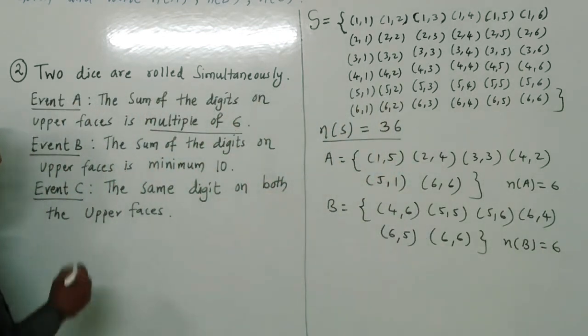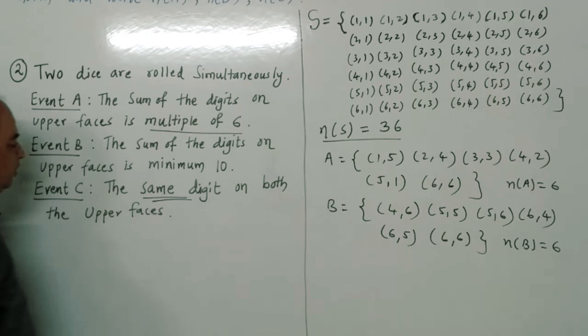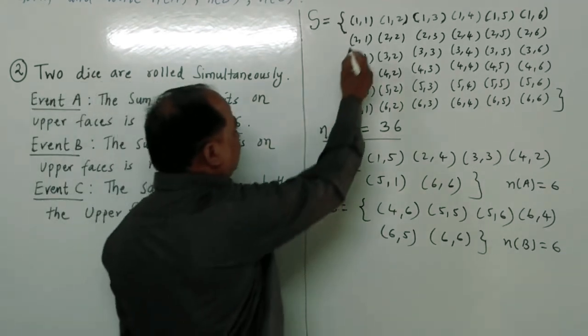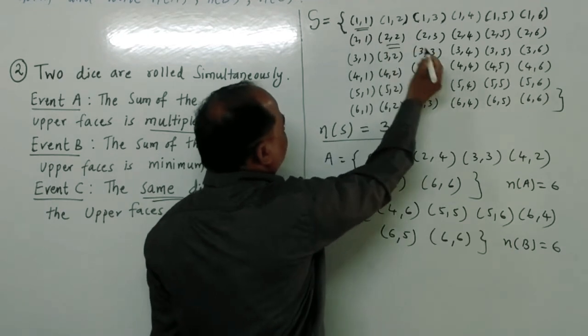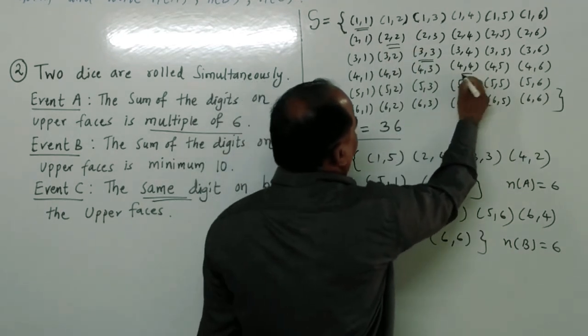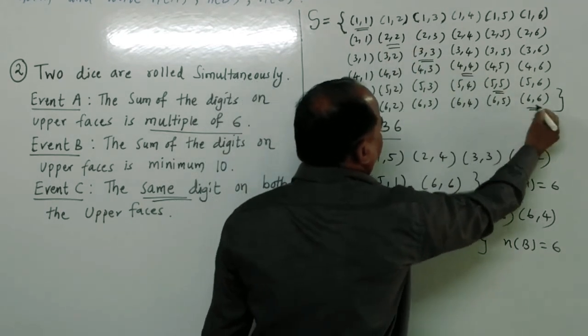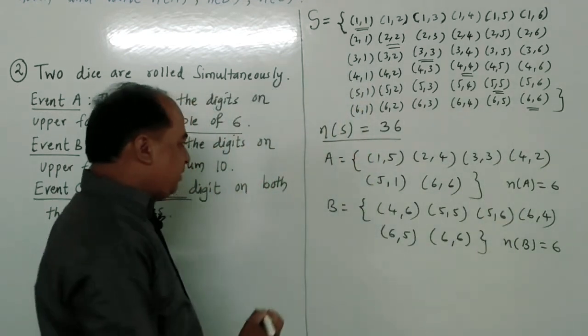Now the last is same digits on both the upper faces. So if you see the sample space, same digits, that is (1,1), (2,2), (3,3), (4,4), (5,5) and (6,6). Here are the same digits.